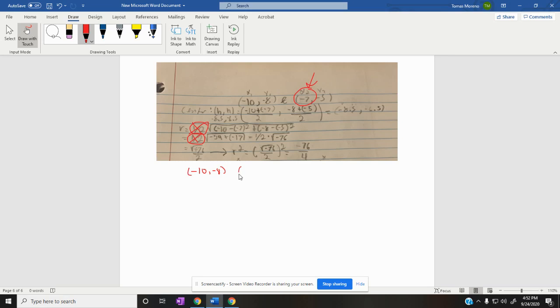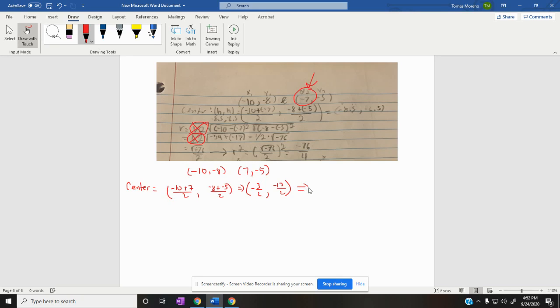Now, this is a +7 and -5. So you did your steps right. You found your center, which is your midpoint, which would be -10 plus 7 divided by 2, and -8 plus a -5 divided by 2, which our center now becomes -3/2 and -13/2.